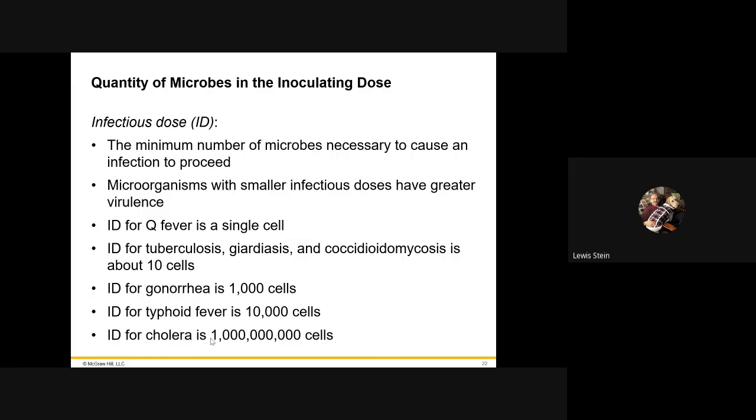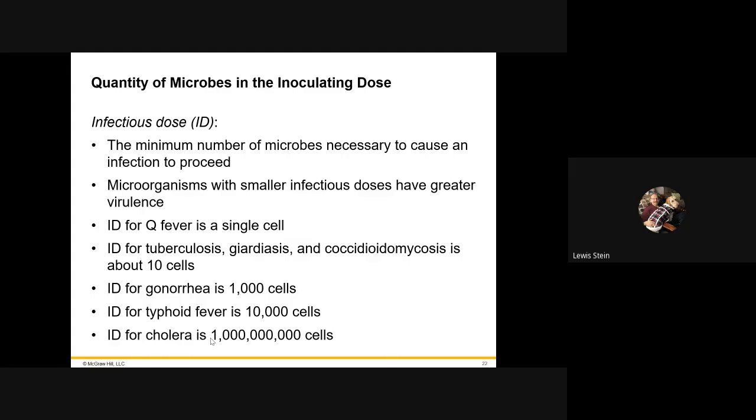Okay. When you have a very high infectious dose, and we'll see it depends. Salmonellosis is about 1 million cells. You'd have to have a chicken sandwich just chock full of salmonella, as opposed to something called Shigella, which is a bacterial dysentery.